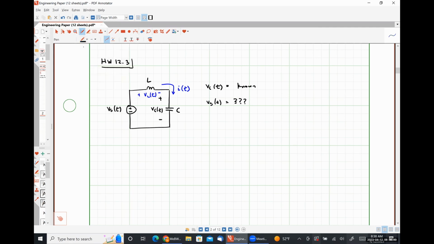If I apply Kirchhoff's voltage law, I can see that Vs of t is VL of t plus Vc of t.